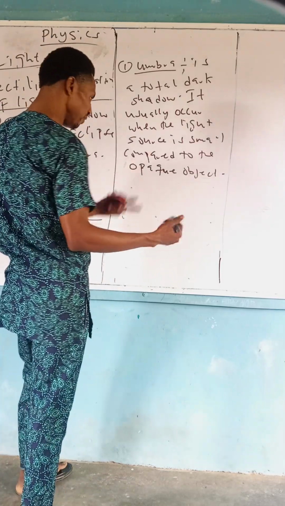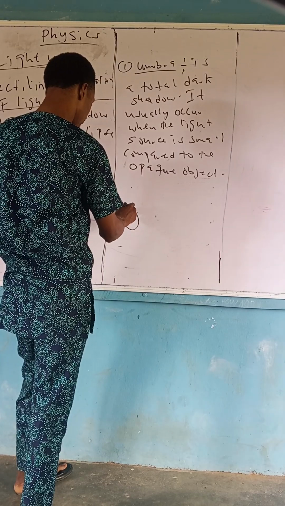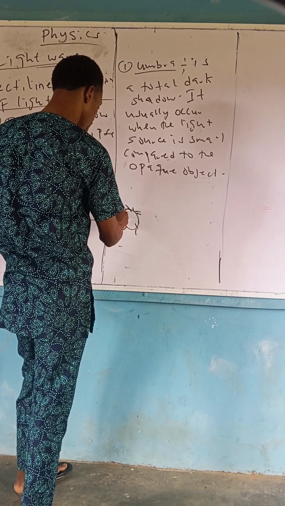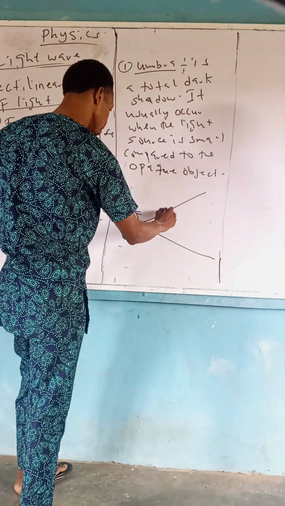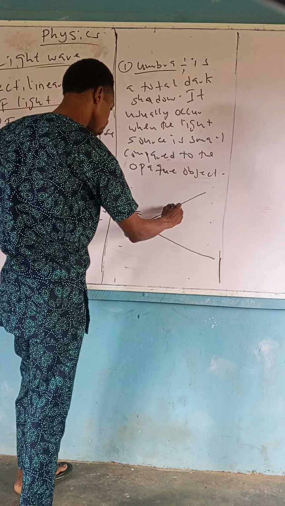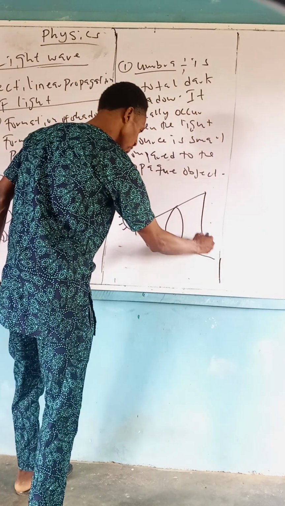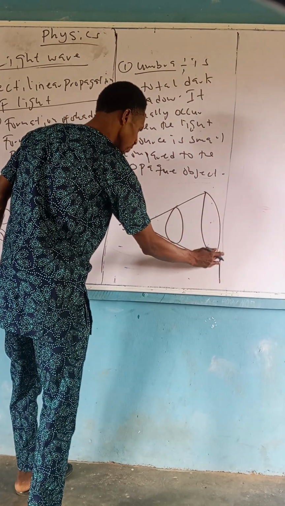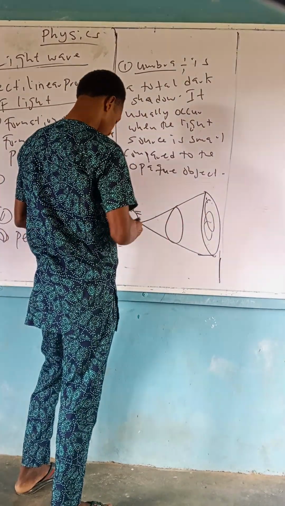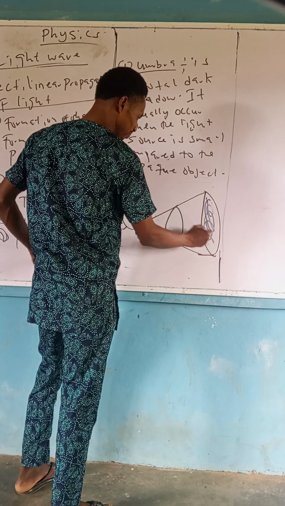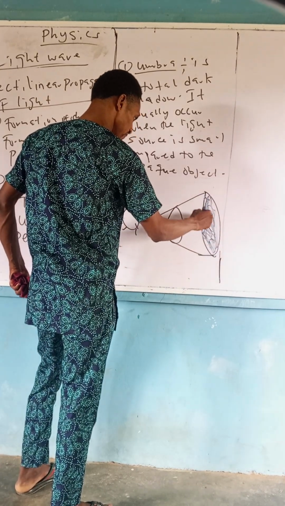Now, let us give a brief diagram. If this is a source of light, and if this is the opaque body, and I want to make it very dark.